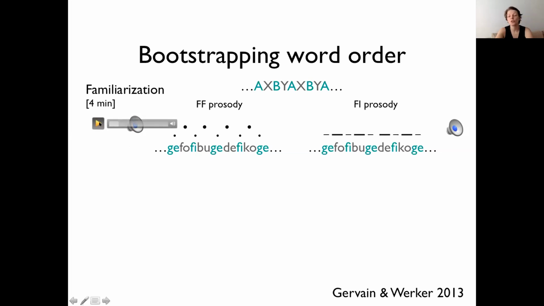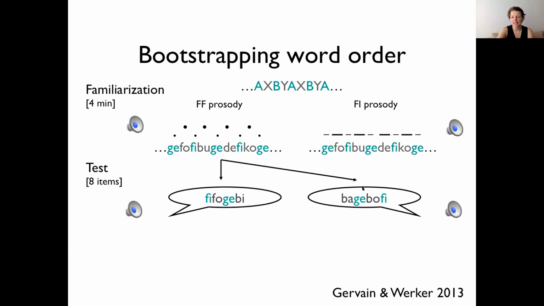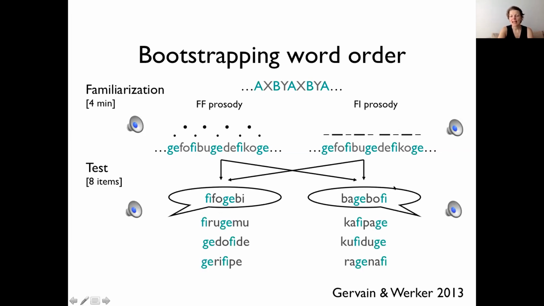So you could kind of hear the modulation of the pitch. The duration is less strong. But this is what babies listen to for 4 minutes. And again, we test them on the same items as before, either frequent initial or frequent final.